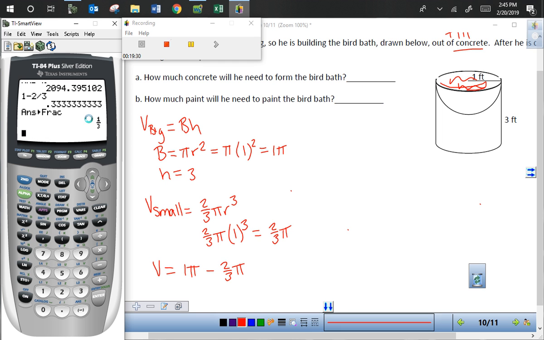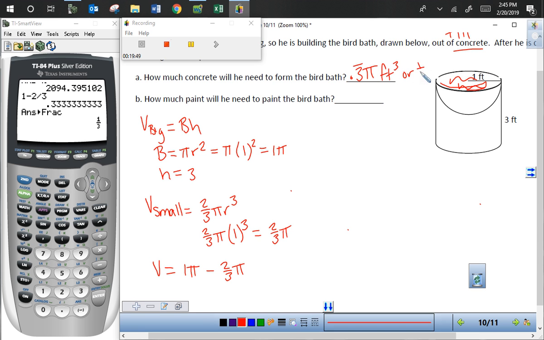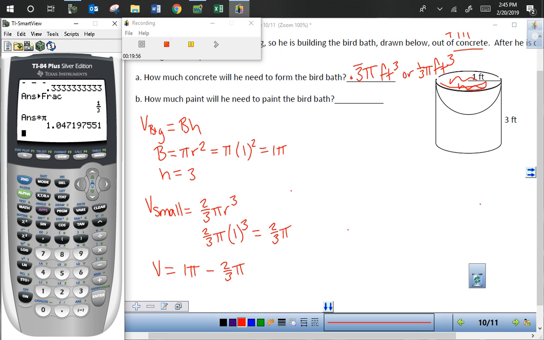So we can write this as 0.3 with a bar pi feet cubed, or we can say 1/3 pi feet cubed. As a decimal, which is more useful for word problems in general, that's about 1.0 feet cubed.